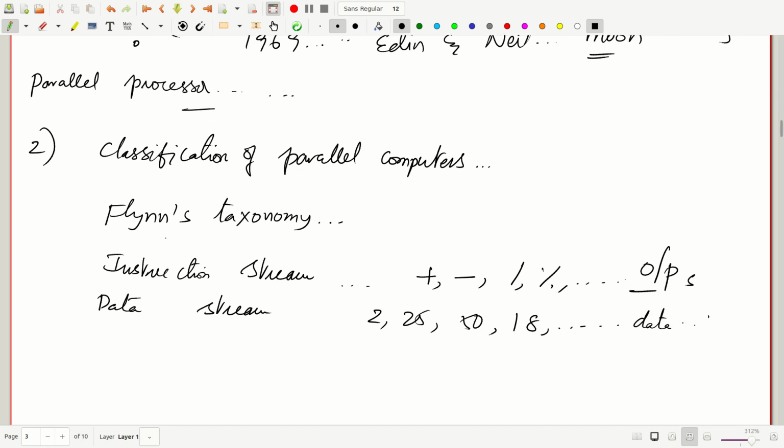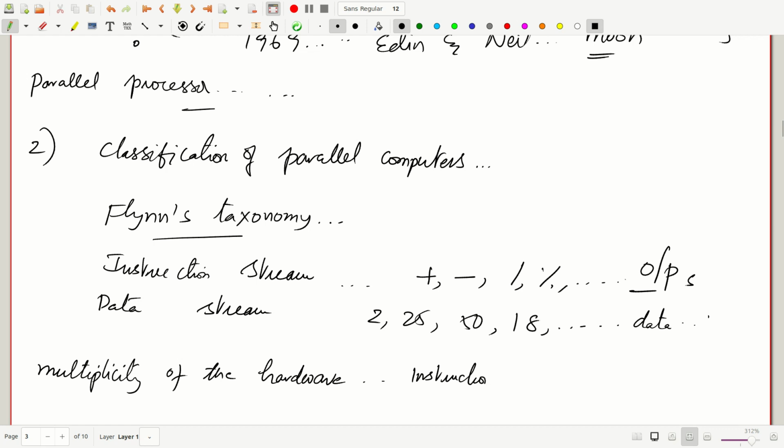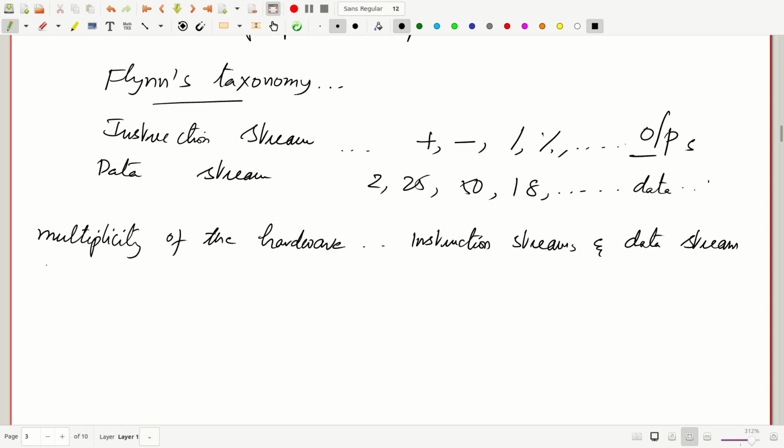Now, in Flynn's taxonomy, we are looking at the multiplicity of the hardware that can handle the instruction streams as well as the data stream. Okay, that means when we say multiplicity, we are looking at whether we have a single one or multiple ones, for both the instruction stream and the data stream.